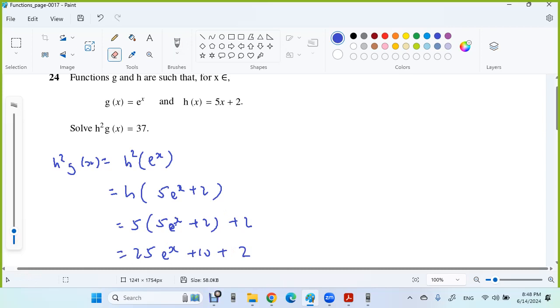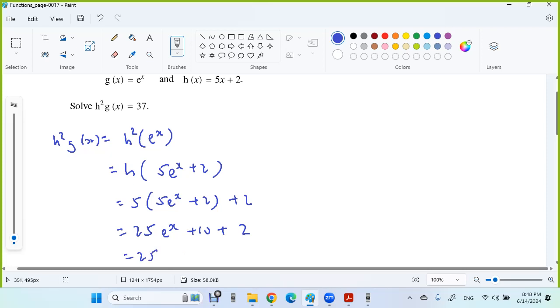Okay, so we have the exponent x, then this is actually 25e^x plus 12.